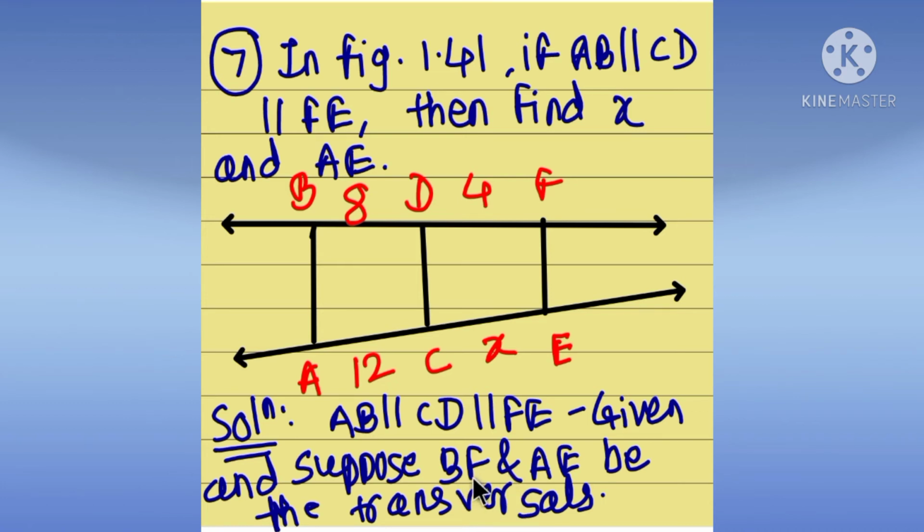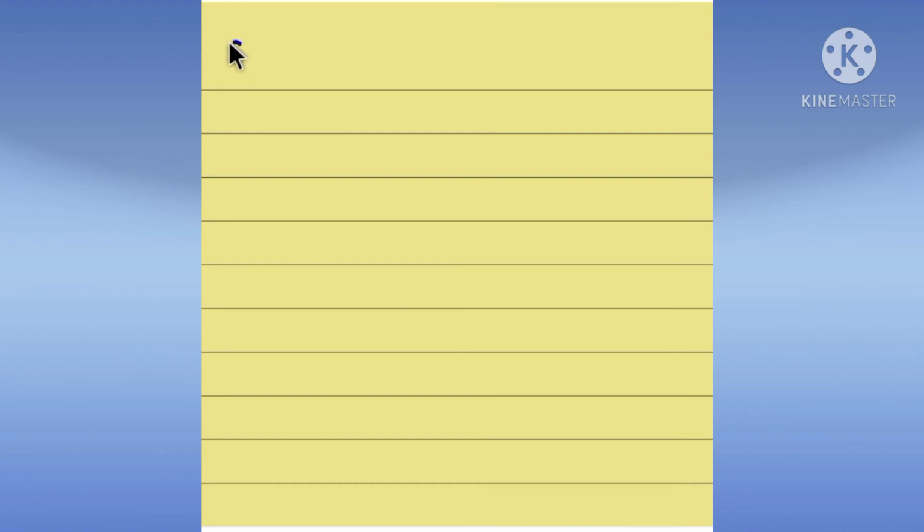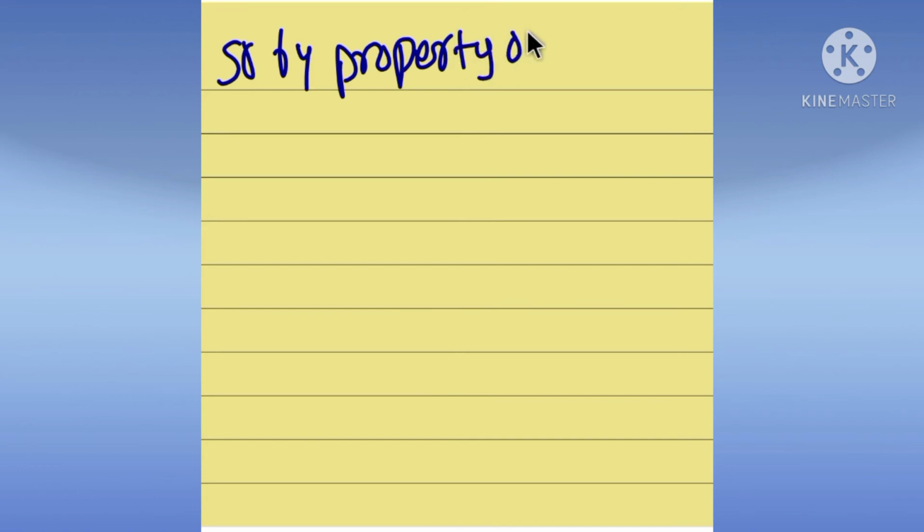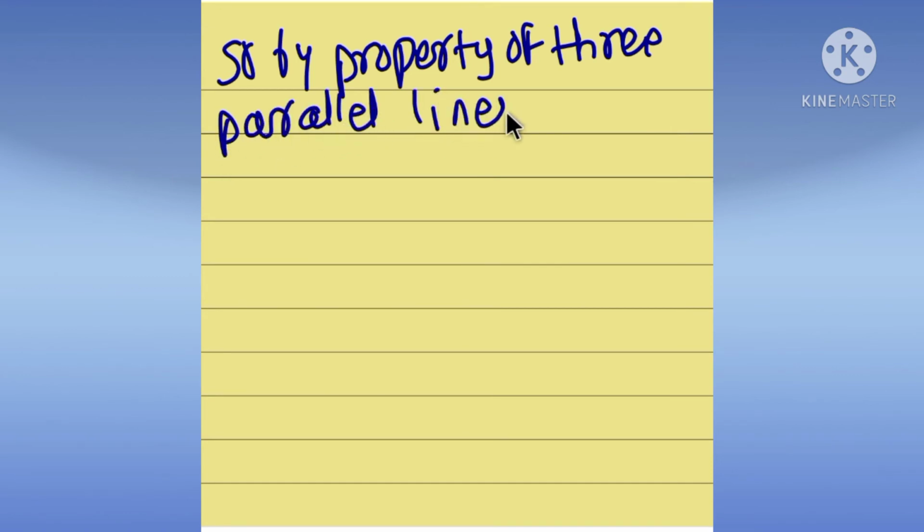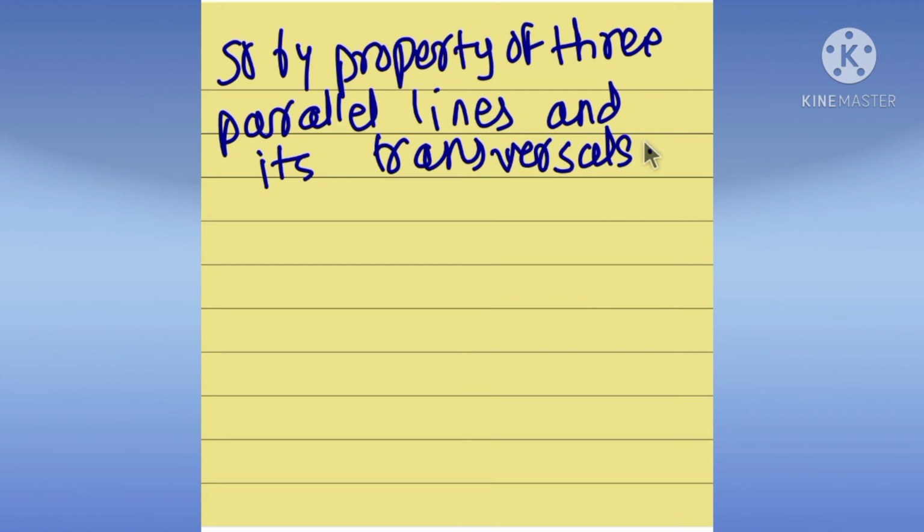Now it is clear that these two are the transversals. With the help of this information we can apply, so by property of 3 parallel lines and their transversals.